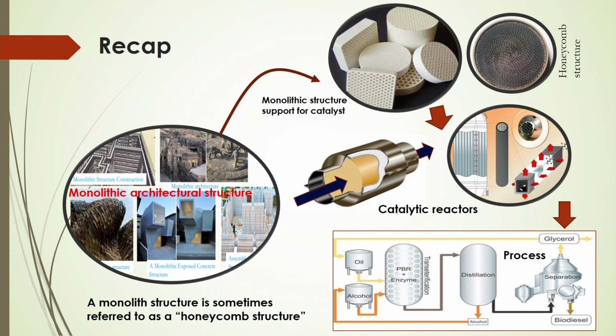Here in the slides, different monolithic structures are shown. So, from this structure concept, how can it be utilized to develop a reactor for chemical engineering processes? That concept gives you the intensification of different processes in chemical engineering.